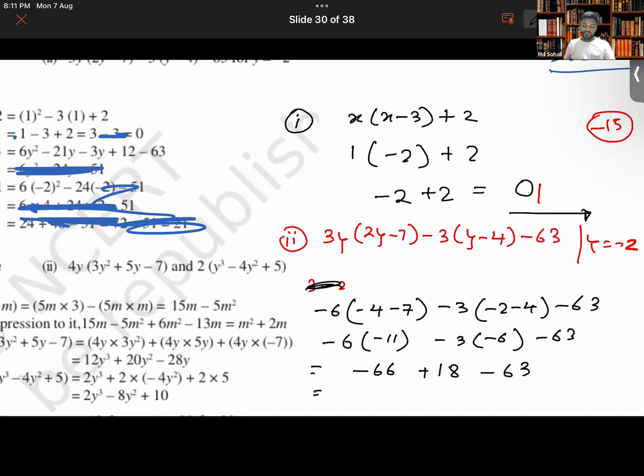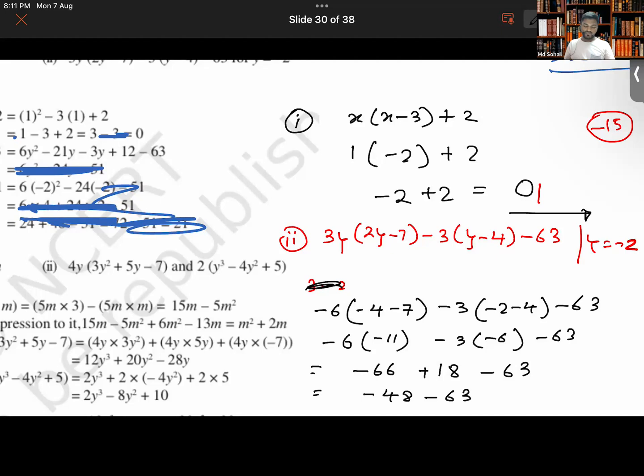Now let's do the calculation further. So minus 66 plus 18, that is how much? Minus 48. And then minus 48 minus 63. So that is how much?